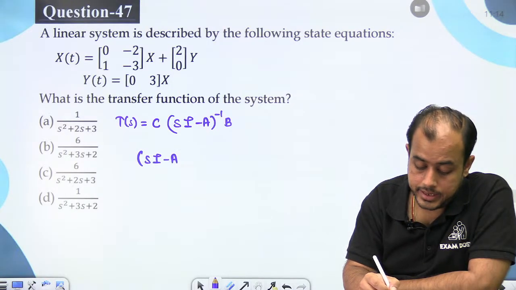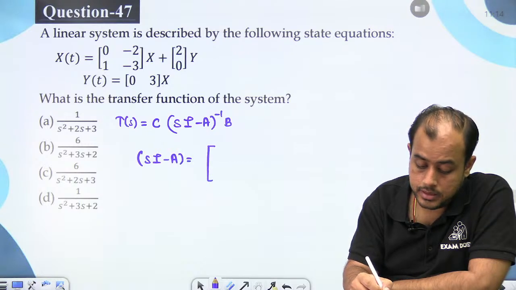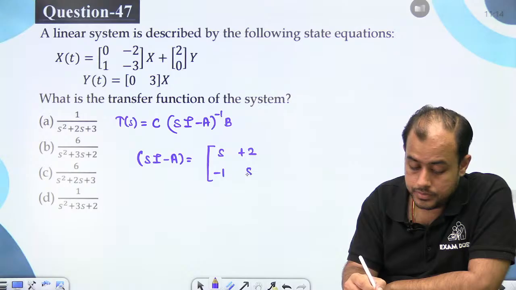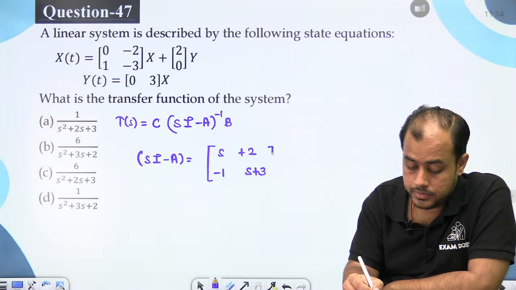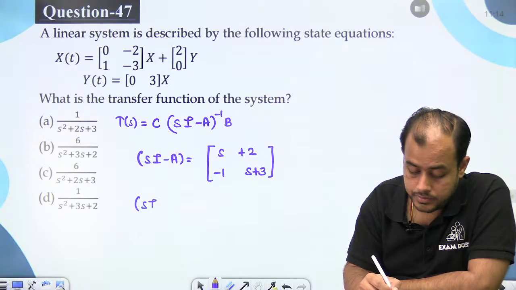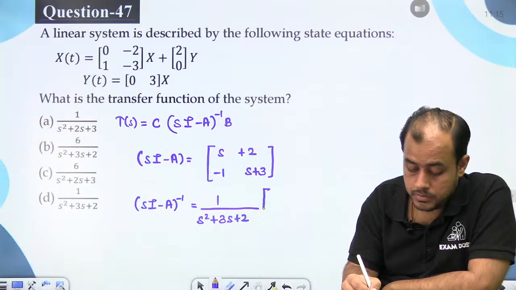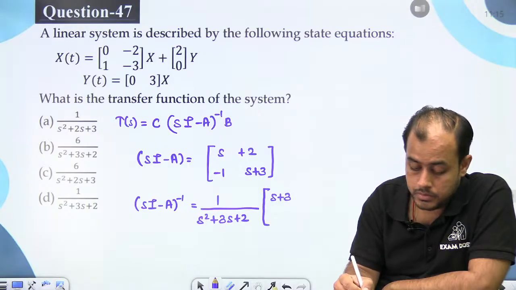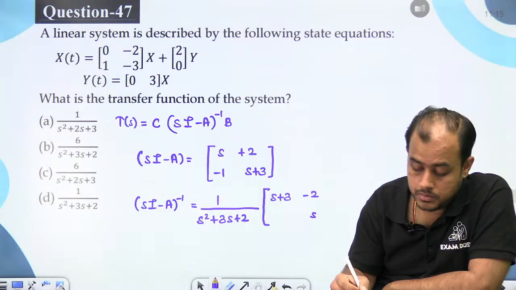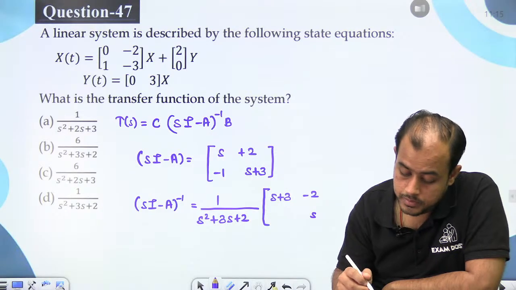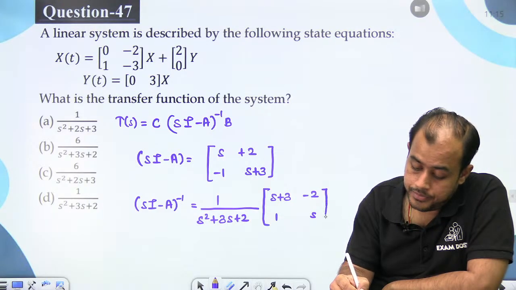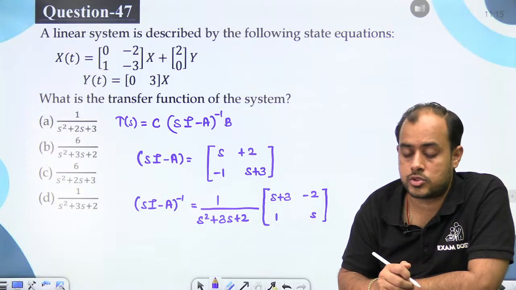So sI minus A is s plus 2. Direct inverse of a 2 cross 2 matrix.